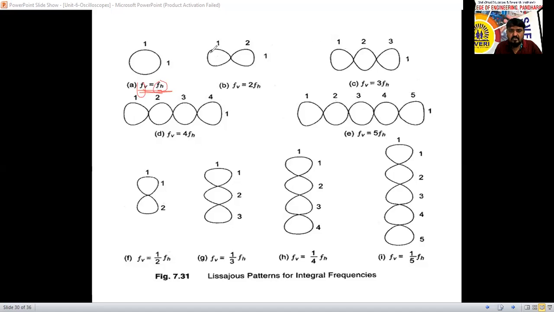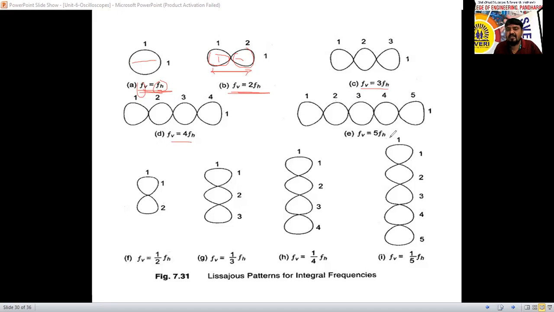See here, how many circles are there? 1 and 2. So the horizontal width is increased. Yes or no? Exactly, it was single; here it is double. 1 plus 1, how much is it? 2. So the vertical frequency equals 2FH. Again, if we consider 1, 2, 3, that is FV equal to 3FH, 4FH, 5FH.